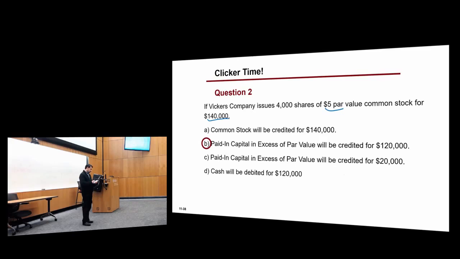So the company will actually debit cash 140,000. They will credit common stock 20,000. That's based on par value. This is based on the market. The difference between the two is paid-in capital in excess of par value, that will be 120,000.